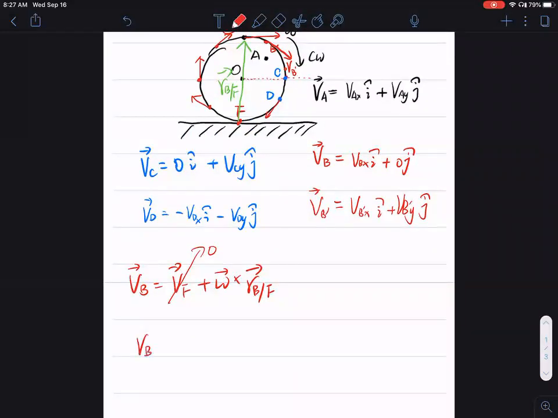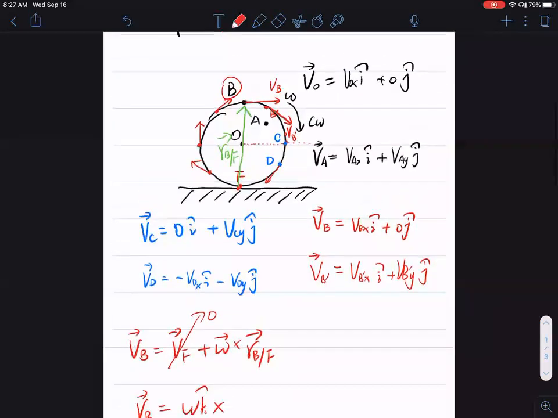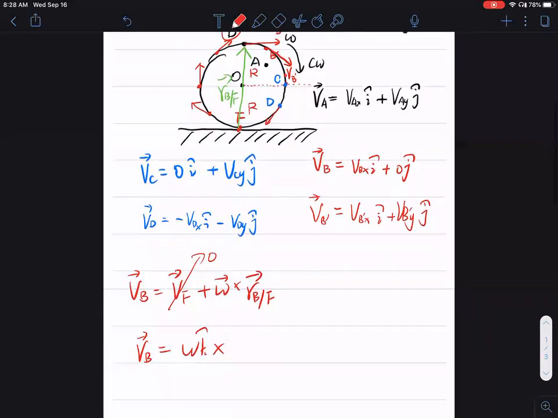So VB can be written as omega K cross product RB/F. That vector pointing from F to B has a distance of 2R, since the radius is R. So here we have 2R in the J direction.